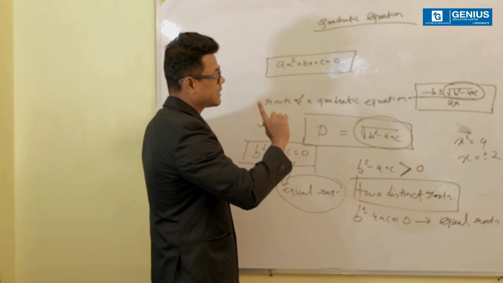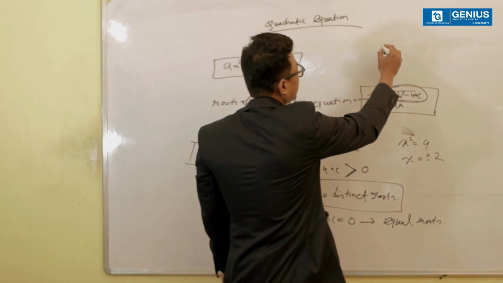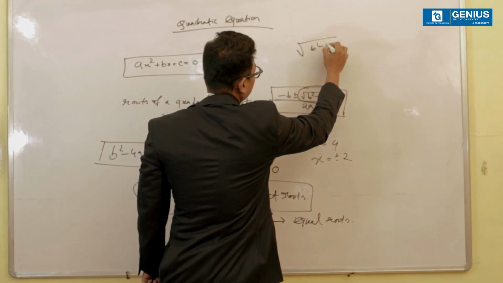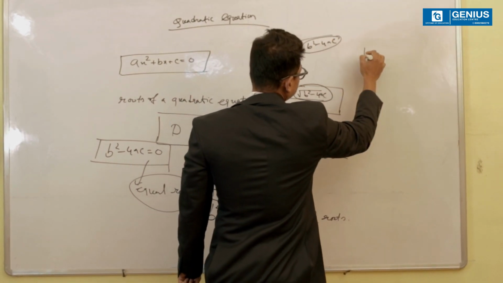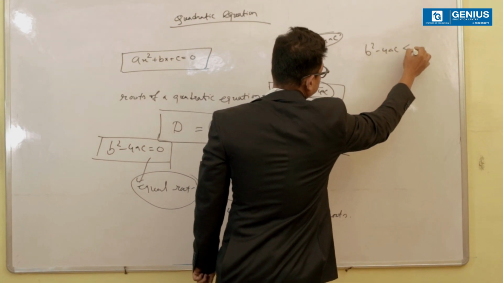And there is another condition, when b square minus 4ac is less than 0. So think about it.